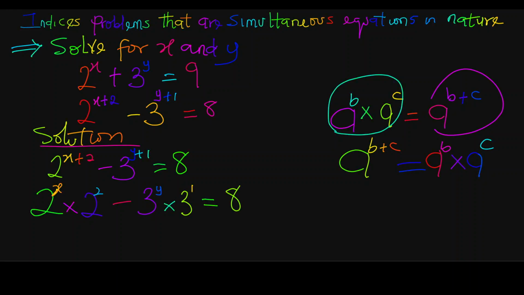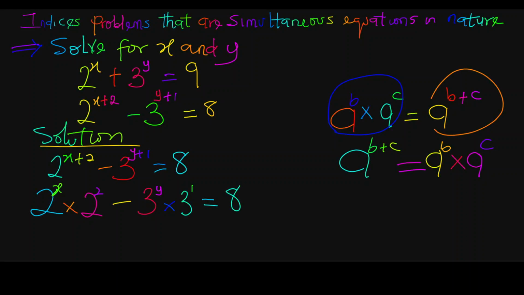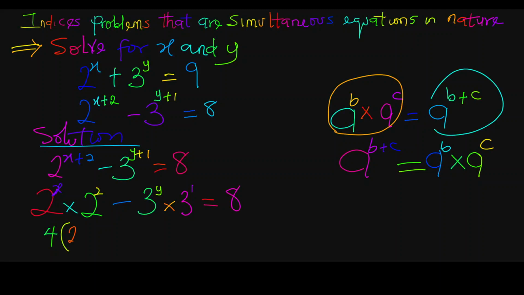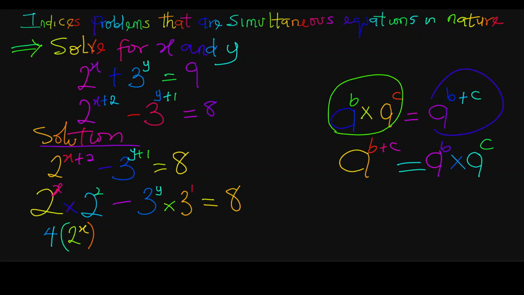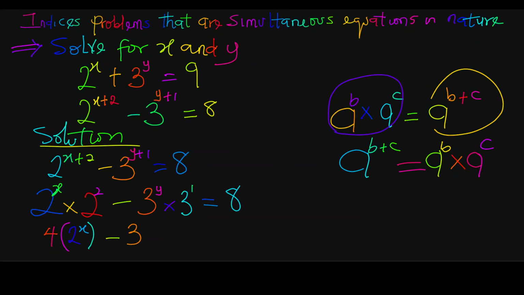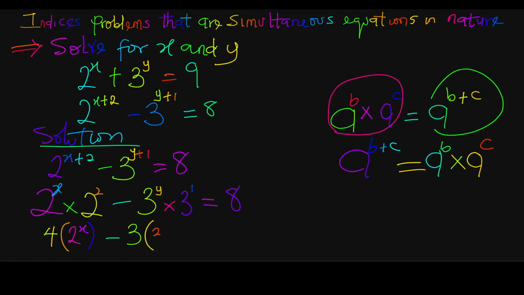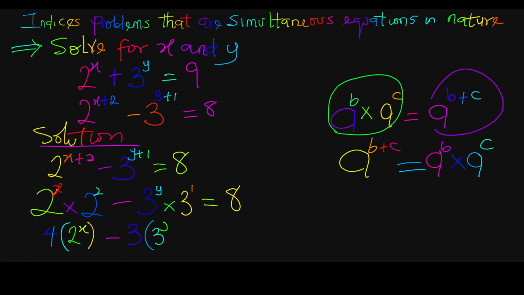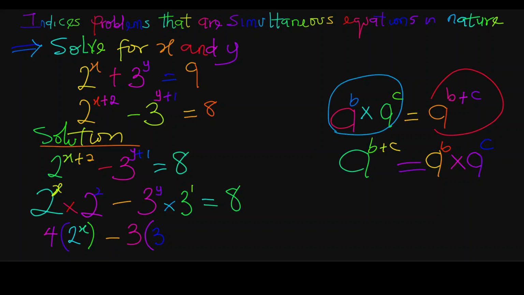I can now write 2 raised to the power of 2 as 4, so I will say 4, then in brackets 2 raised to the power of x. Minus 3 raised to the power of 1 is 3, so 3 into 3 raised to the power of y.